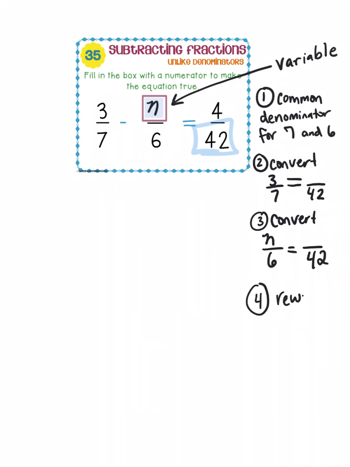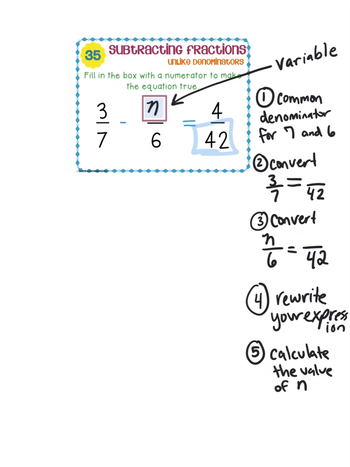Lastly, rewrite your expression and see what the value of n could be. Okay, let me know if you have any questions about that one. That one's maybe a little bit tricky.